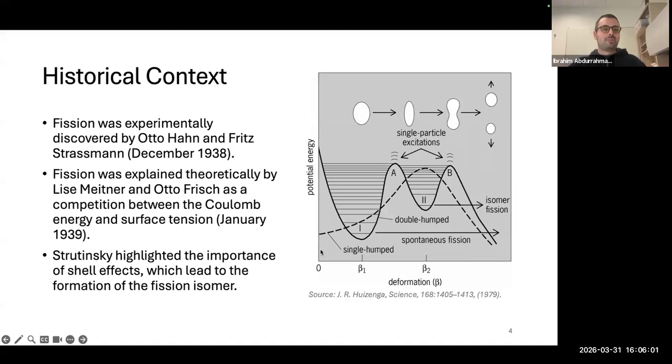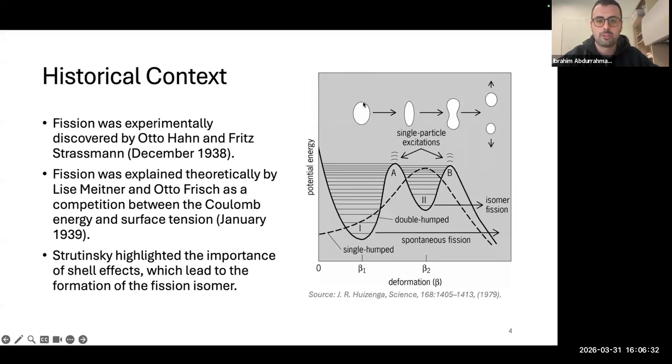So, some historical context. Fission was discovered in 1938 by Hahn and Strassmann. Just a few months later, it was explained by Lise Meitner and Otto Frisch. I'm going to draw your attention to this plot here, because I think their explanation is very intuitive. It's not microscopic, but it gets to the heart of what causes nuclear fission.